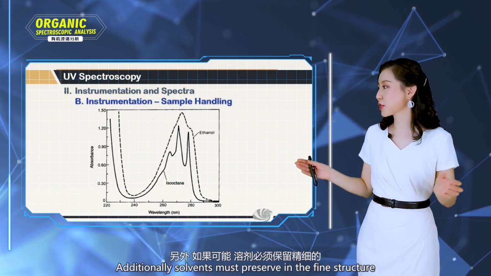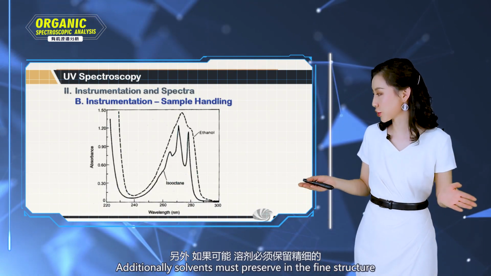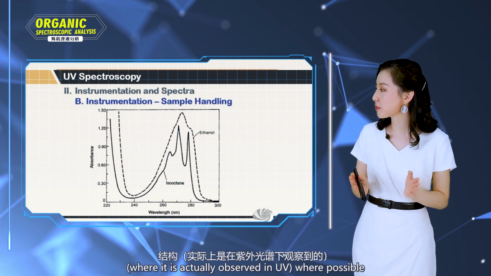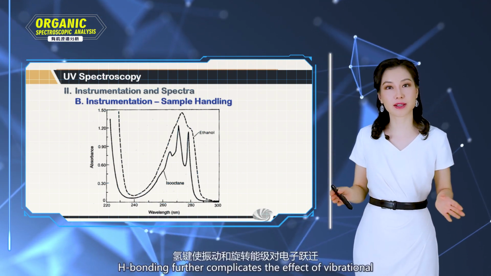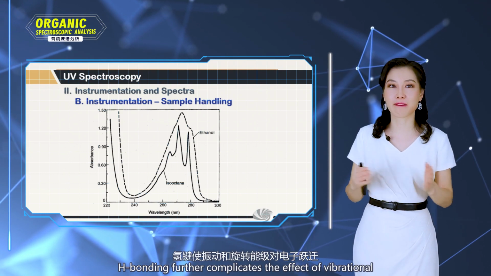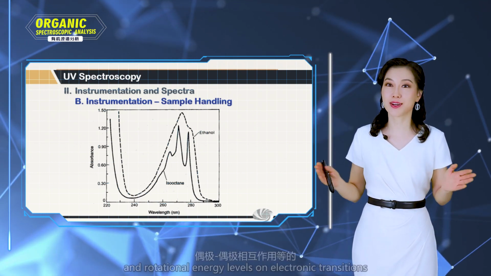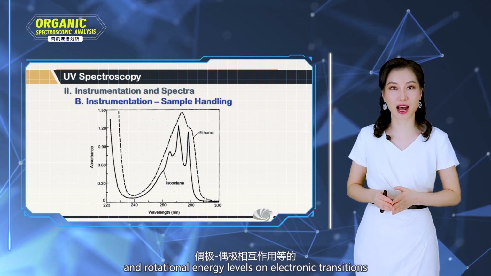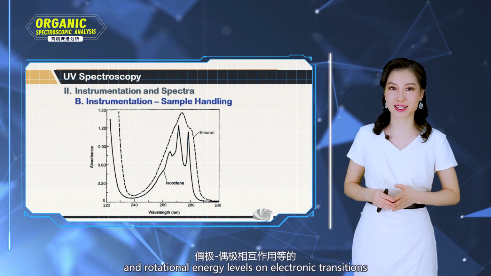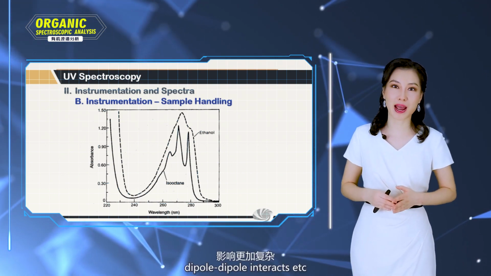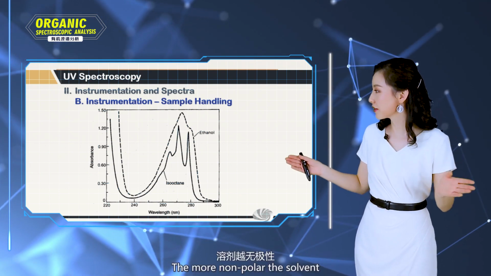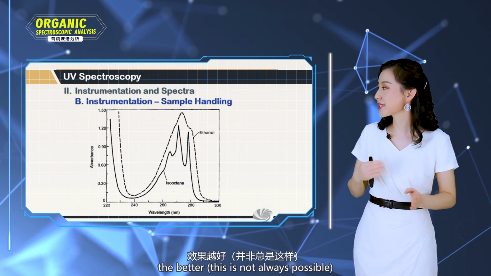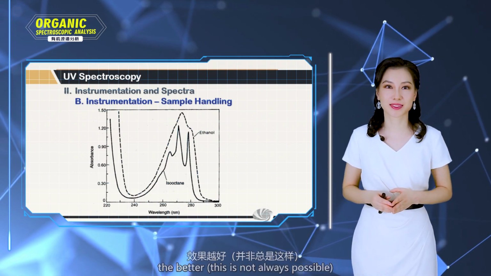Additionally, solvent must preserve the fine structure where it is actually observed in UV where possible. Hydrogen bonding further complicates the effect of vibrational and rotational energy levels on electronic transitions, dipole-dipole interactions, etc. The more nonpolar the solvent, the better. This is not always possible.